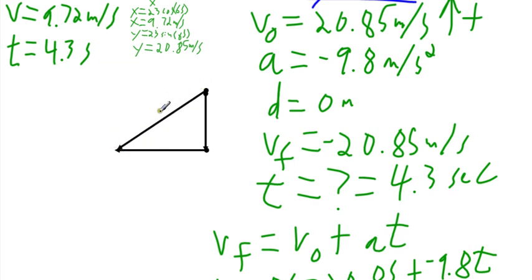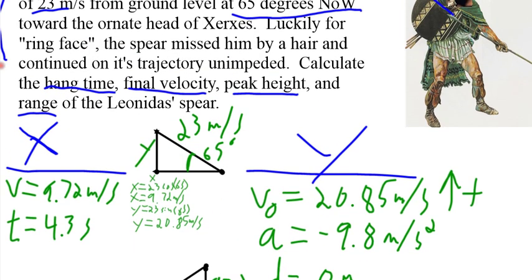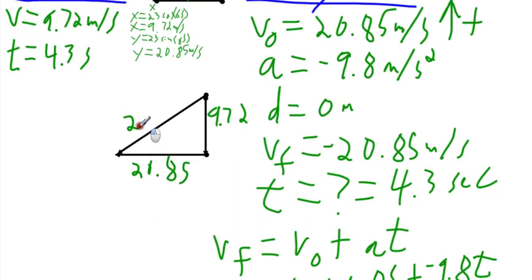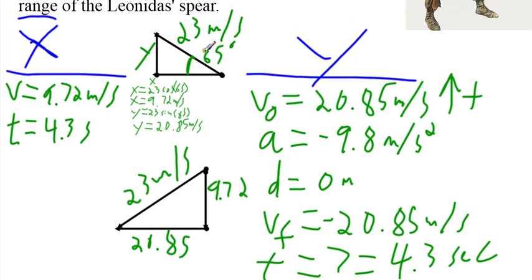We already know that this is going to be 20.85. And I'm not using the negative here because I'm already showing the direction using the vector here. And this is 9.72. And this triangle should look familiar to us because it looks almost exactly the same here. So we know that this is going to be 23 meters per second. And we can even utilize the same degree markings there.